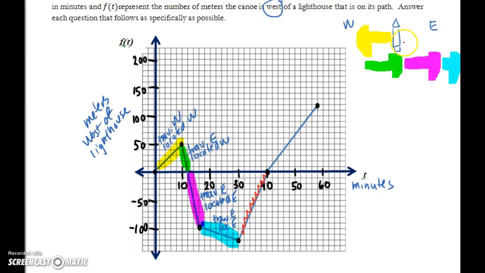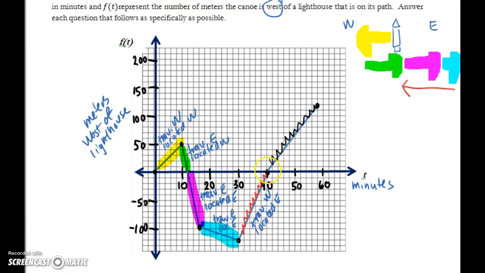So if it's headed back towards the lighthouse, then what's happening is that it's traveling west. So it's going back towards the lighthouse. So it's traveling west, but it's still located on the east side. So located east.